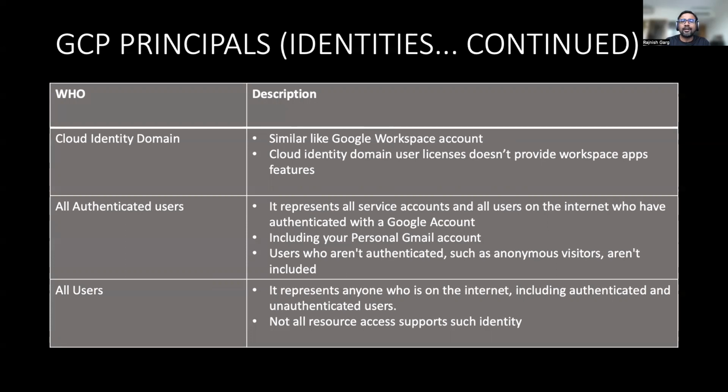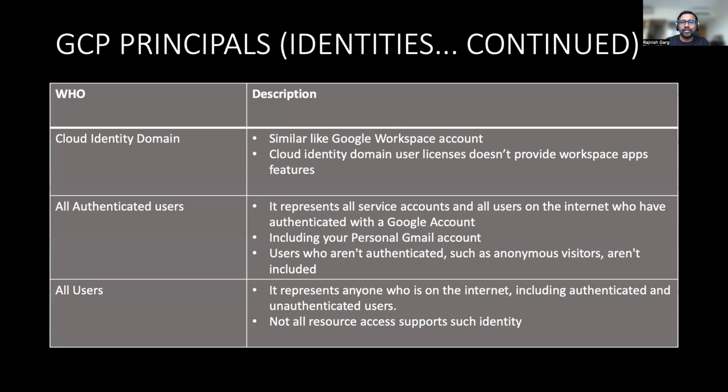The next one is called allAuthenticatedUsers. Here, any user or machine authenticated with Google can access your resources, including your personal Gmail account. The last one is called allUsers. It includes any authenticated or unauthenticated users.